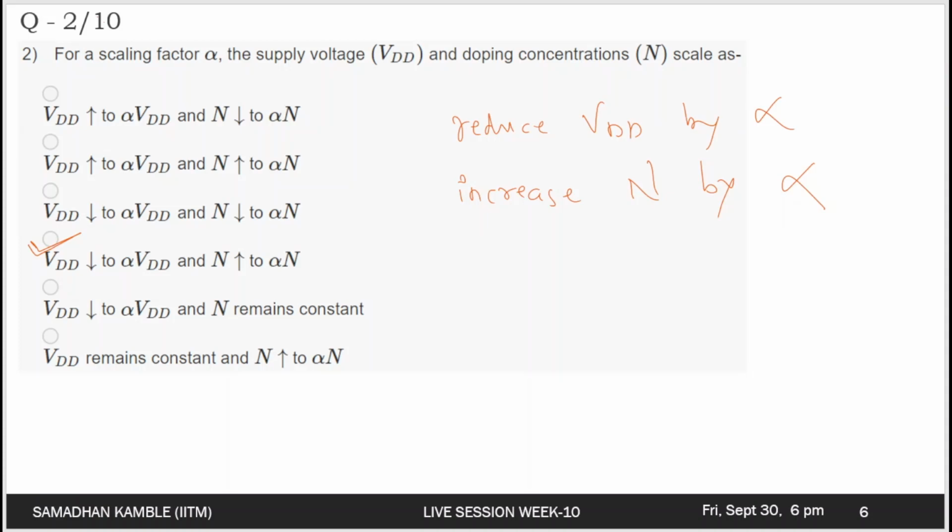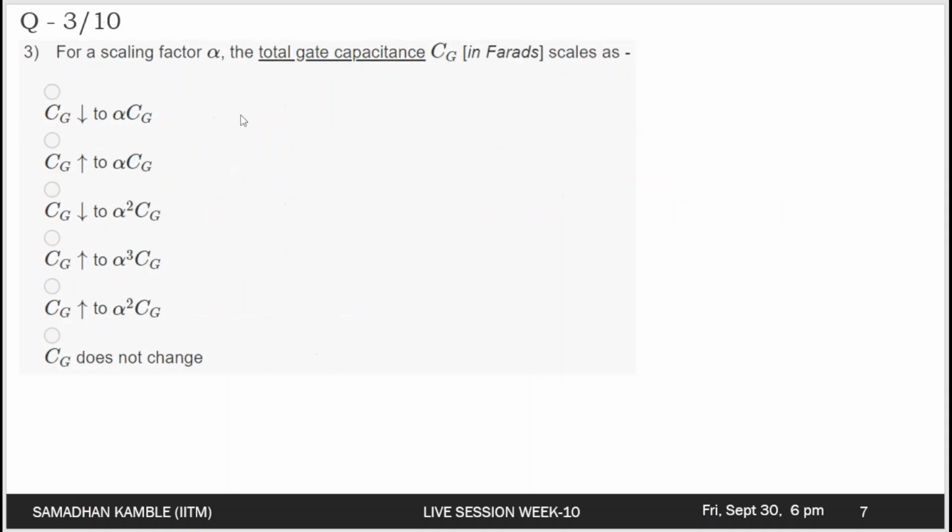Let us move to question 3. Very simple questions. For a scaling factor alpha, the total gate capacitance Cg in farads scales as. So for the total gate capacitance, we have the expression for it.